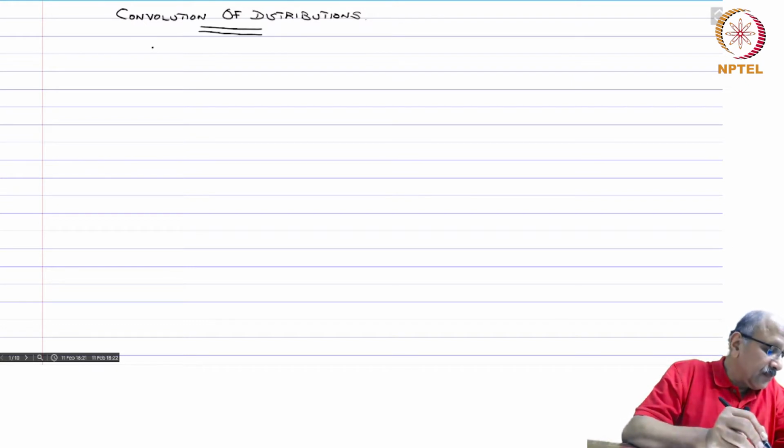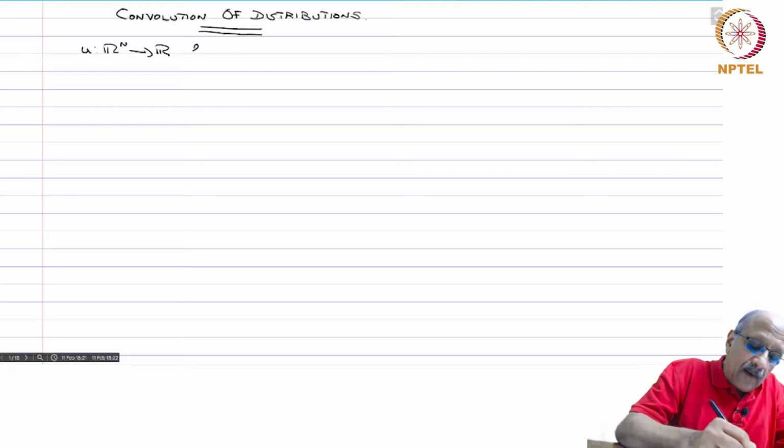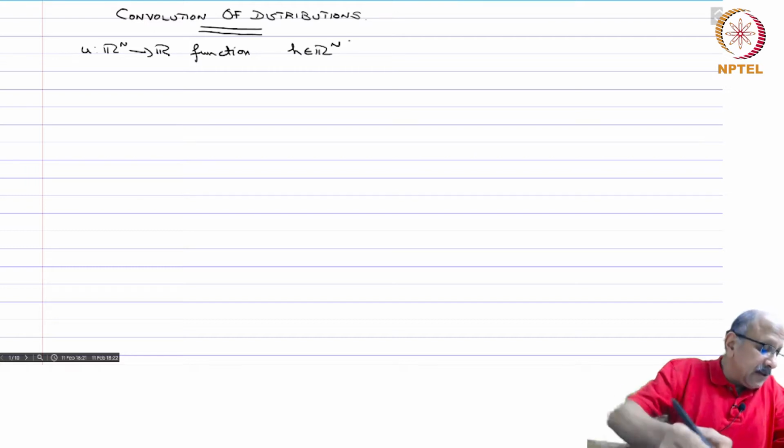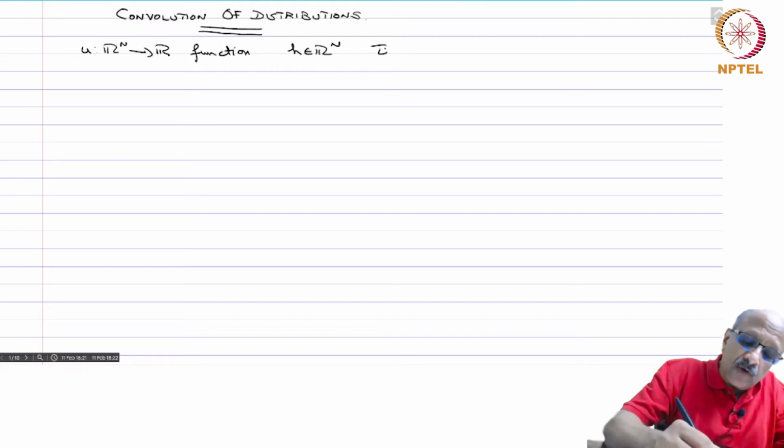For instance, if you have u from Rn to R, a function, and h is a vector in Rn, then we introduced what is tau h of u. Tau h of u evaluated at x is u of x minus h.